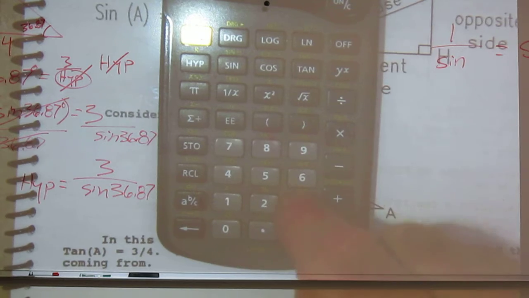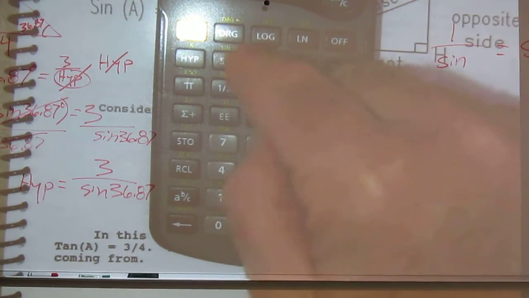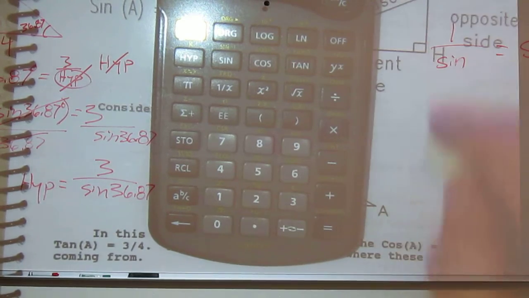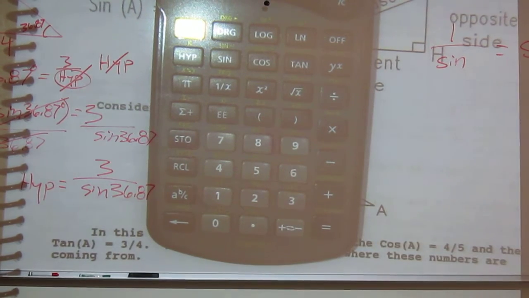So I'm going to hit 36.87, and then I hit my sine. That gives me a number, and then equals. And I should get 4.999999, which is 5. Can everybody get a 5 out of it? Okay.